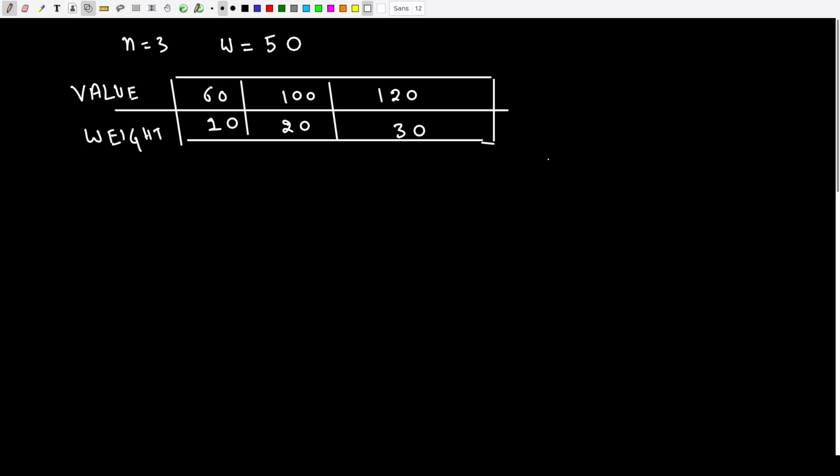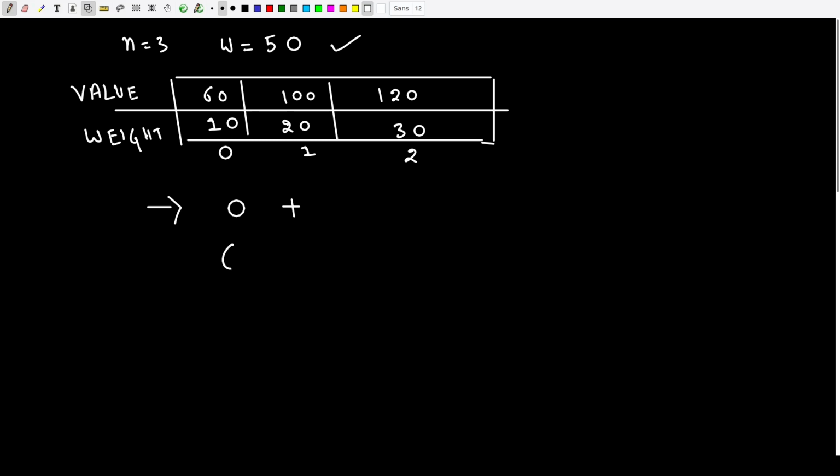So basically we have to fill our knapsack of capacity 50 such that we maximize our profit. Let us call them item number 0, item number 1, and item number 2. Let's fill the knapsack with item number 0.